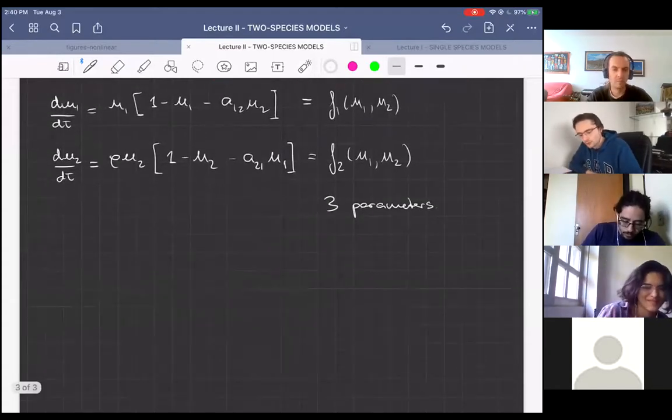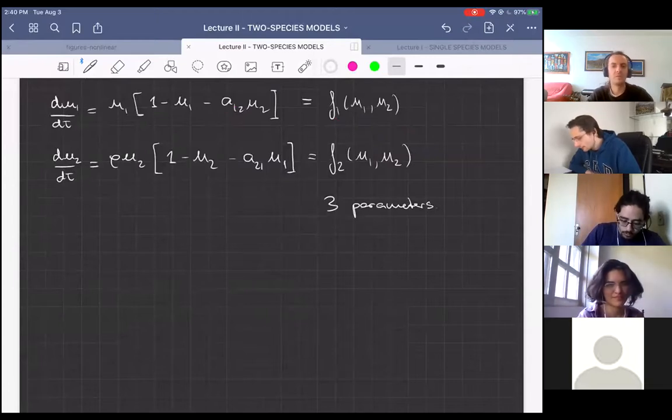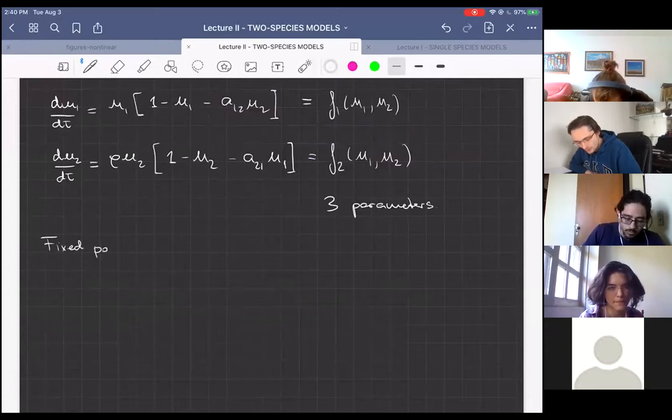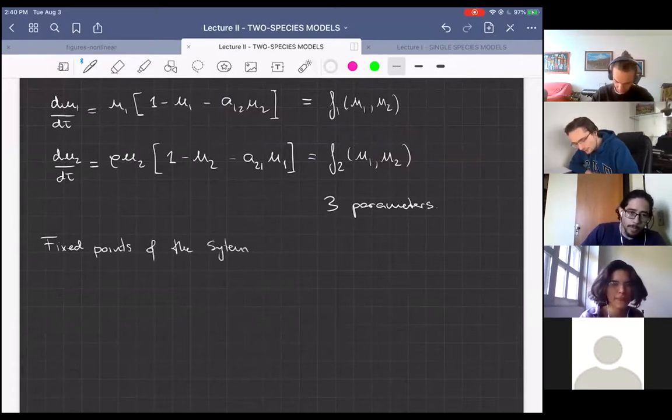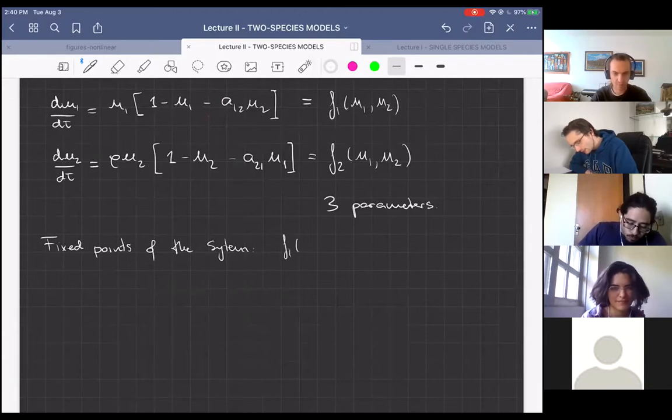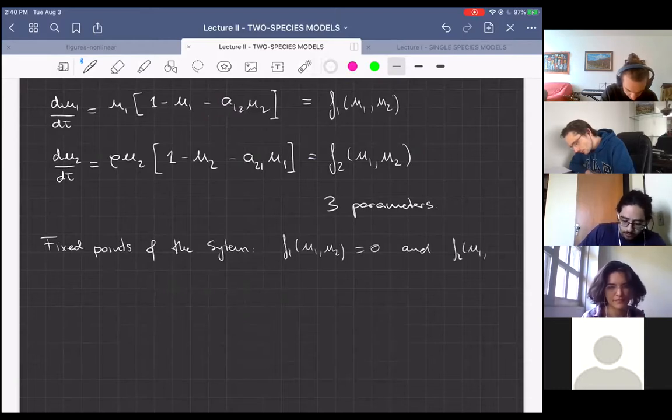So what can we do to this system? Well, the first thing that I think you guys are thinking of doing is to calculate the fixed points, as we did yesterday. Fixed points of the system, which are basically the values of U1 and U2, for which F1(U1, U2) is equal to 0 and F2(U1, U2) is equal to 0.